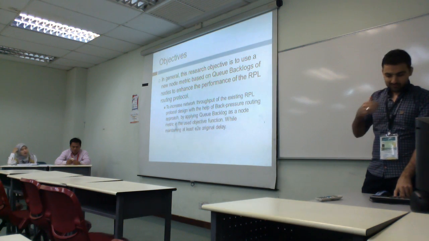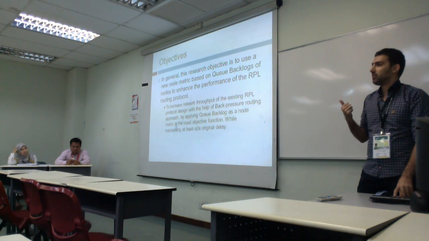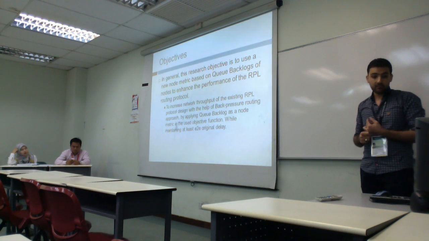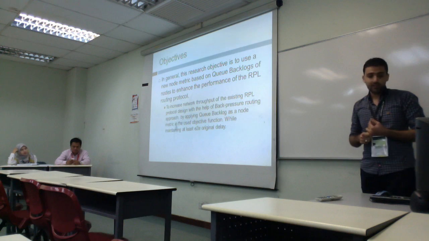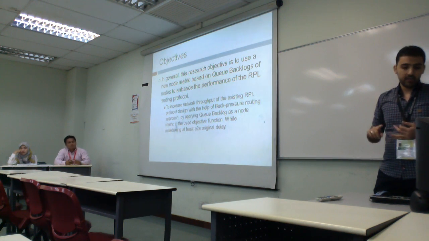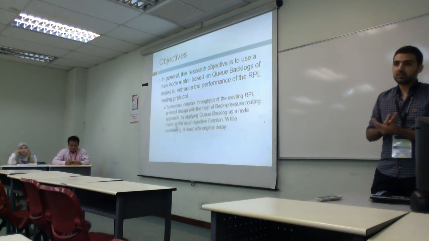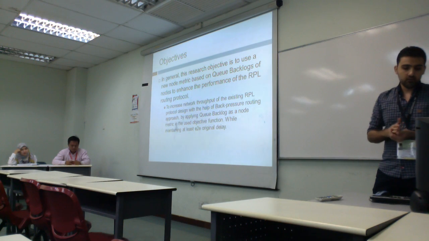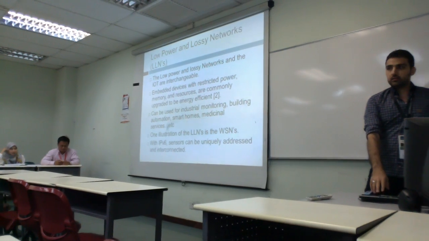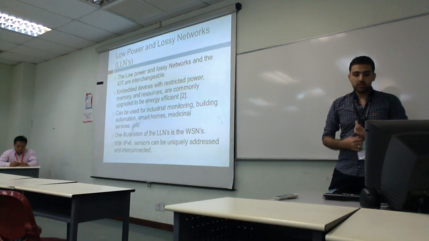As I said, back pressure has some disadvantages: it has a high end-to-end delay and a limited applicability. So we need to take the advantages of the back pressure and at the same time keep the wide applicability of RPL. Low power and lossy networks.